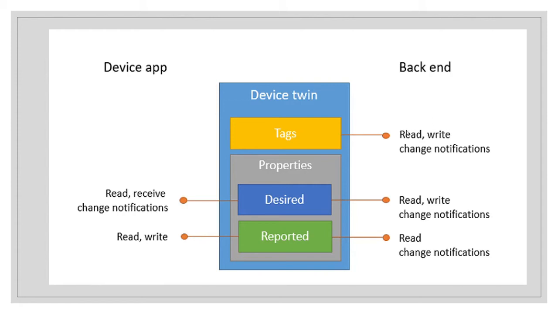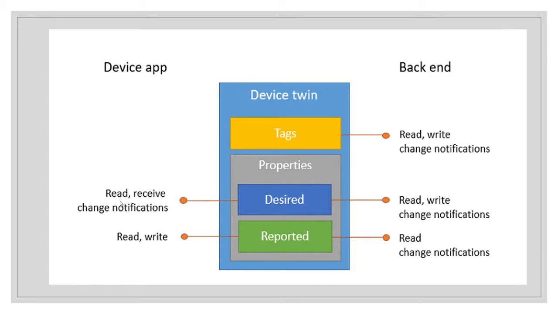On the Azure IoT hub level, we will be able to read and write the tags, but on the device level we will not have any access to the tags. And coming to the desired properties, we will have read and write, and change notifications on our Azure IoT hub level.